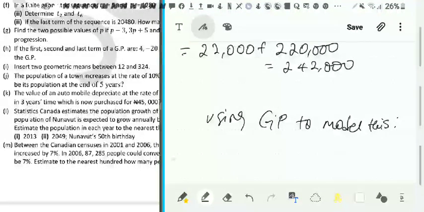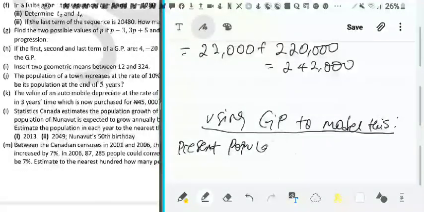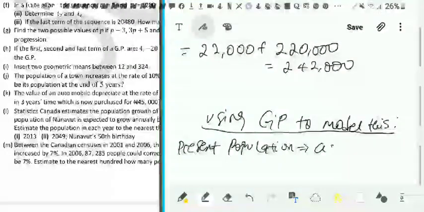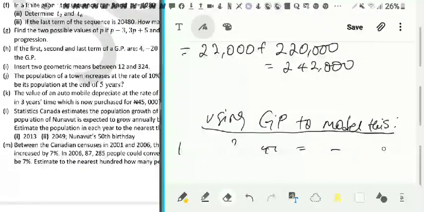So we're going to be having the present population, 200,000 at the beginning of the year. Let me make it clear.